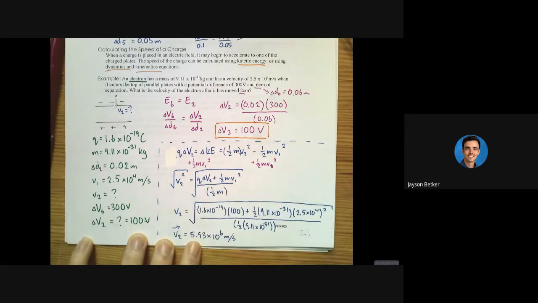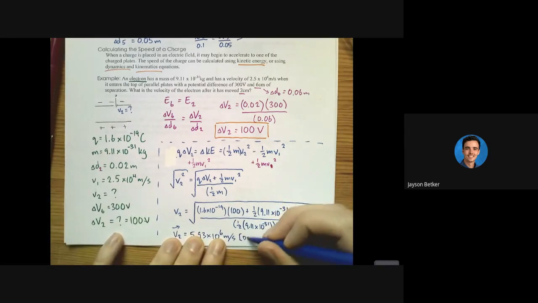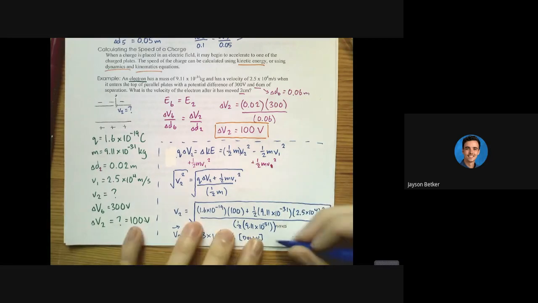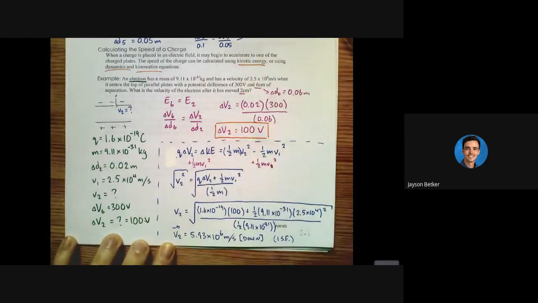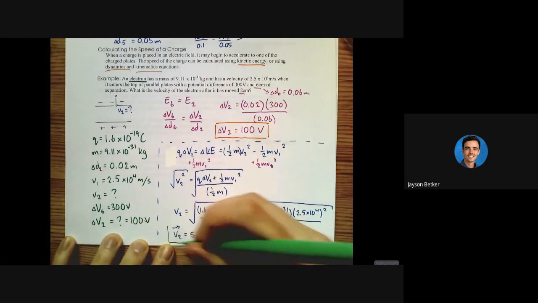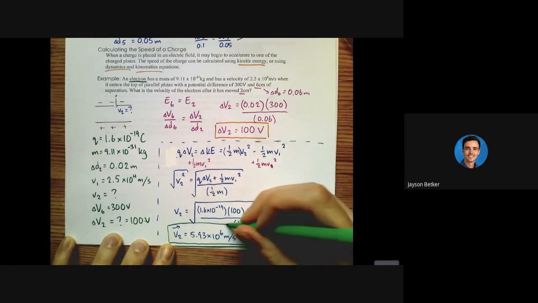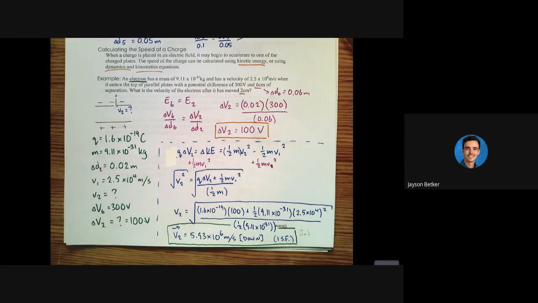Let's make this a vector. We know that it's going down. Then we'll just go with 1 SF because I don't want to change the number that much. So there's our final answer. That's how fast that electron is going to be moving after 2 centimeters between those parallel plates.